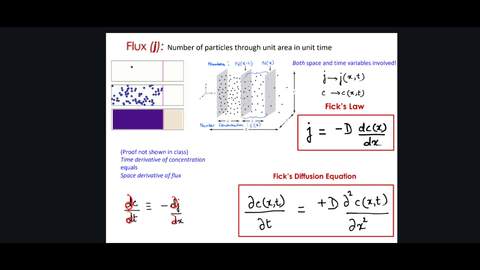So if you have something like this, there will be points where this itself changes; these are known as inflection points.